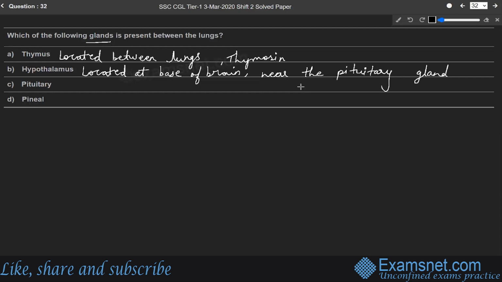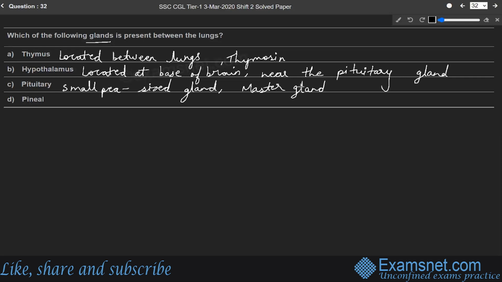Next is pituitary. Pituitary gland is a very small pea-sized gland. It is also known as the master gland. Why is it known as the master gland? Because it controls several other hormone glands in our body.